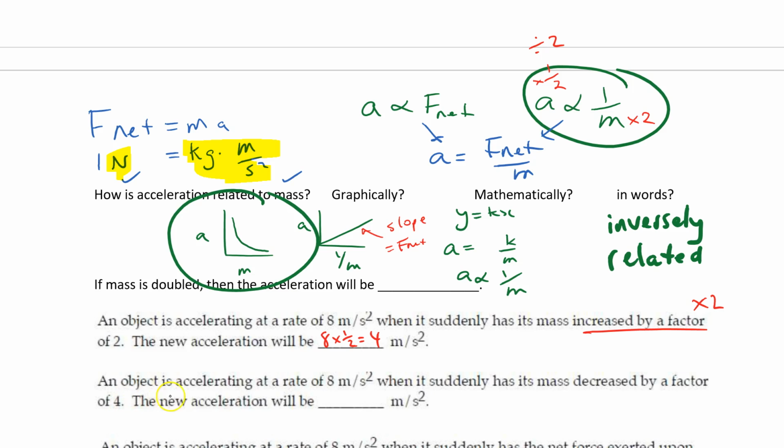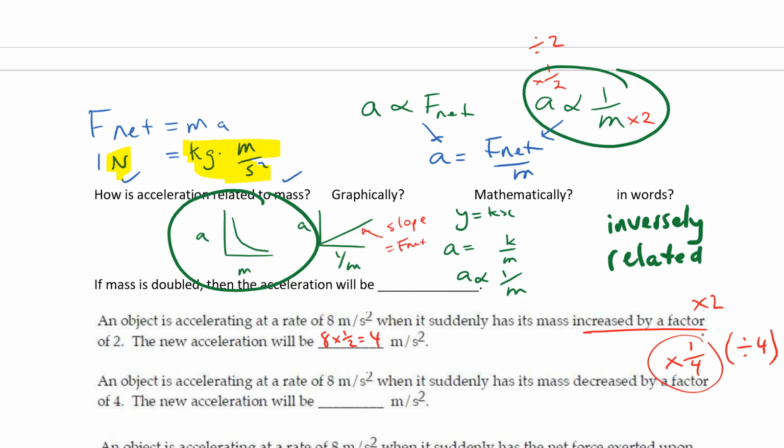Here's the question: an object is accelerating at 8, again, when it has its mass decreased by a factor of 4. I'm going to put this in terms of multiplication. To decrease by a factor of 4 means to multiply by a quarter. Yes, you can also divide by 4, but it works out nicely to keep everything in terms of multiplication.